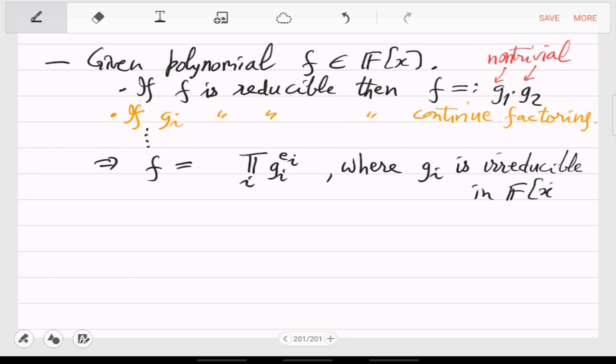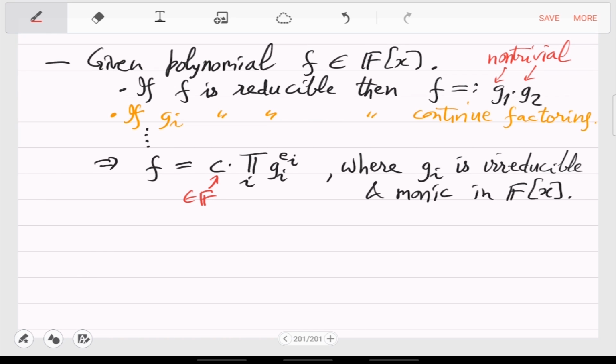Is that clear? And in fact, I can throw in a constant c in F here and make this monic. So you can basically factorize F into irreducible factors in finitely many steps.